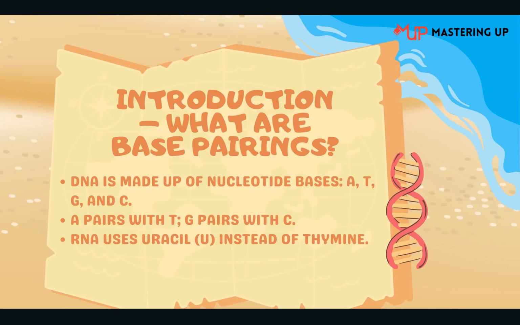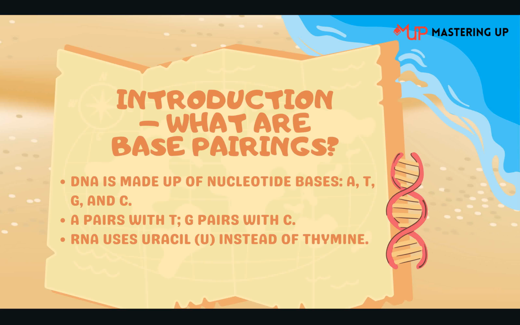DNA is built from four nitrogenous bases: adenine, thymine, guanine, and cytosine. These bases pair in a very specific way, that is, adenine pairs with thymine and guanine pairs with cytosine.